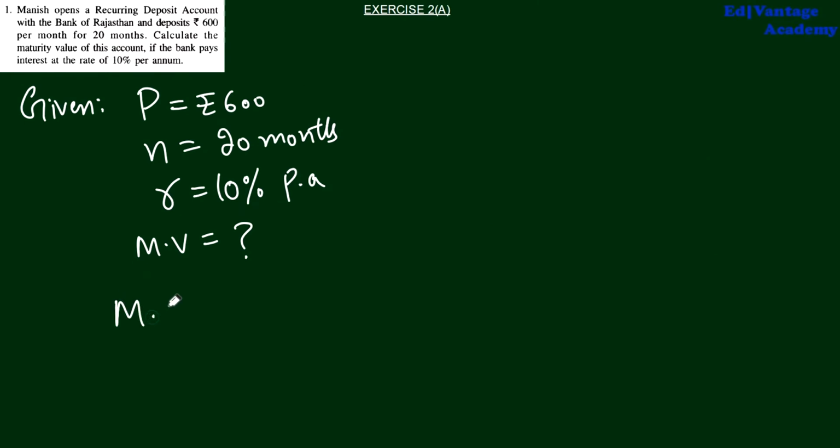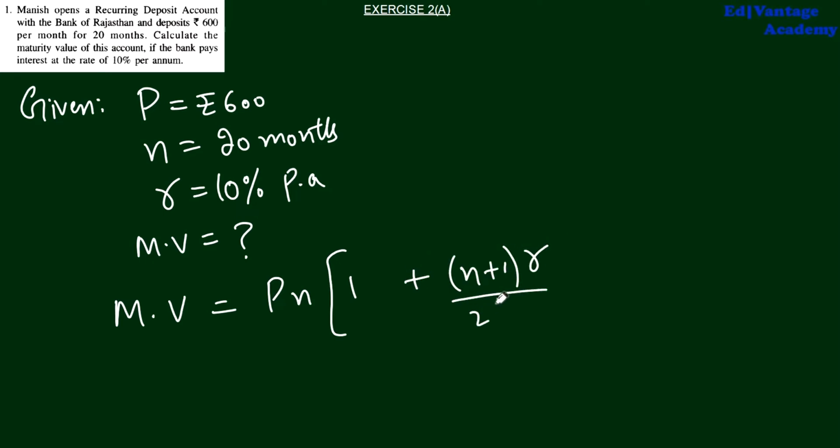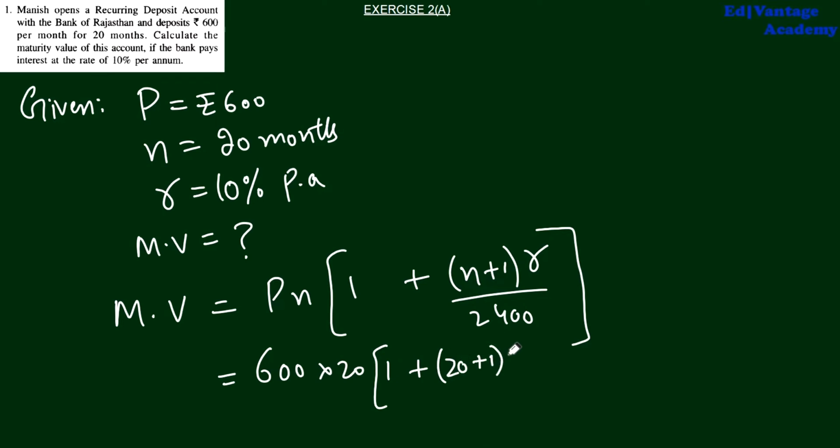So using the formula, MV is equal to P into N, 1 plus N plus 1 into R by 2400. Substituting the variables, we get 600 multiplied by 20 into 1 plus 20 plus 1 into 10 divided by 2400, right?